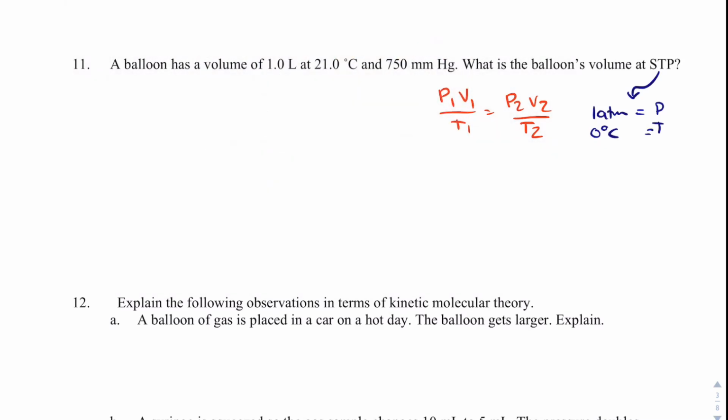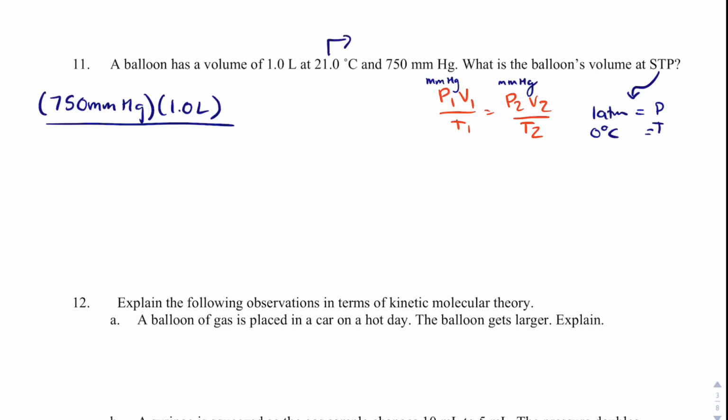Okay, so our initial pressure is 750 millimeters of mercury. With a before and after gas law problem, we can plug in any sort of pressure, but if I'm going to choose millimeters of mercury here for P1, then what I'm doing is I'm saying P2 needs to be millimeters of mercury. Okay, so if you always want to do atmospheres, that's fine as well. Our volume is 1.0 liters. Our temperature is 21 degrees Celsius, which I think on the last problem we saw, and this is 294 Kelvin.